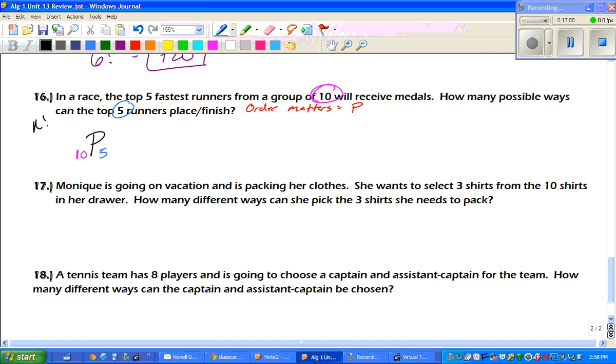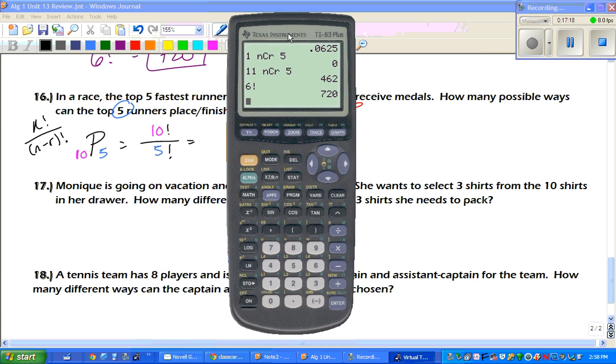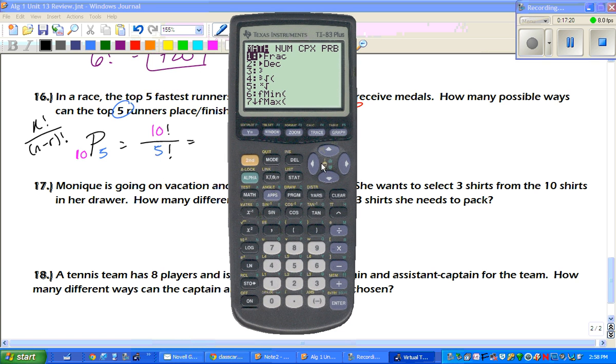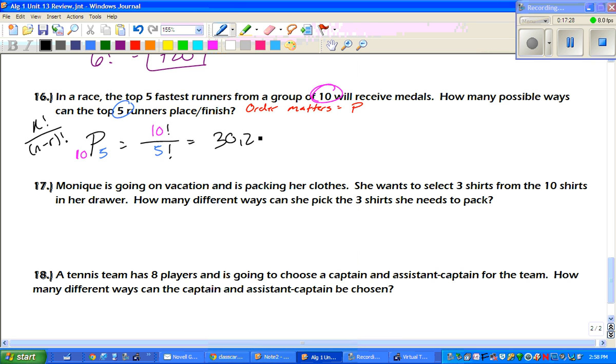And remember that the formula for this is n minus r. So we got 10 on the top, and then 10 minus 5 is 5. So we're just going to do 10 nPr 5. So 30,240 ways that those 5 people can finish.